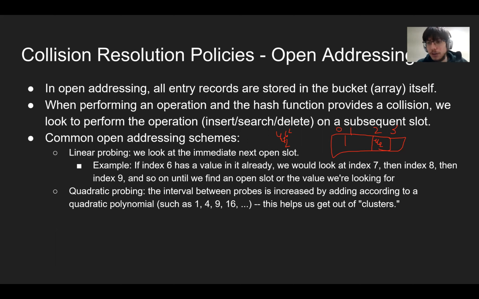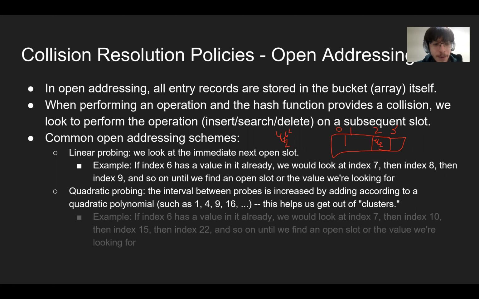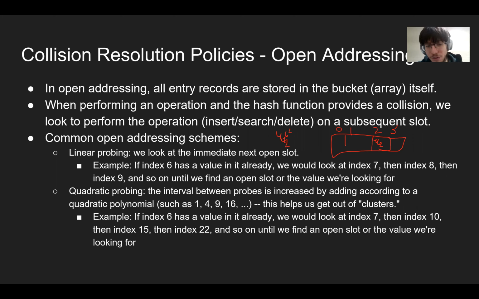And then we check 16 plus 6, which is 2, for example. And this helps us get out of clusters, which we'll see is a problem. But this is an option. You can use quadratic probing. So instead of going 1 by 1, you can go up by 1, up by 4, up by 9, up by 16, and so on. So if index 6 already has a value in it, we could look at index 7, then index 10, then 15, 22, and so on.